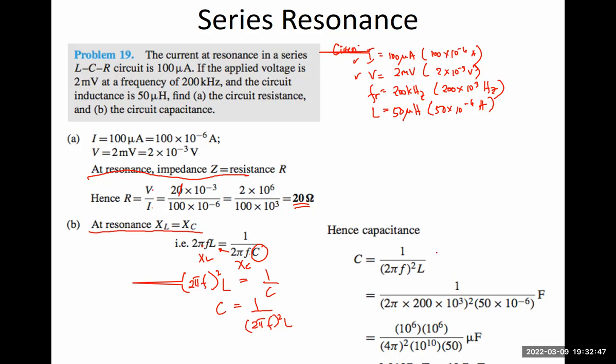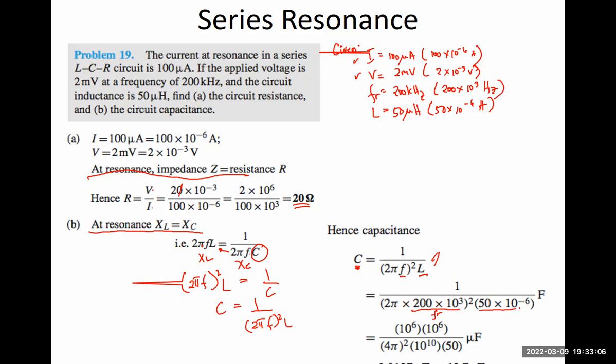So ito siya. Meron tayong frequency, meron tayong L, so we can now determine C. So that will now be 1 all over 2 pi multiplied by the frequency of 200 times 10 to the 3, so ito yung ating frequency.